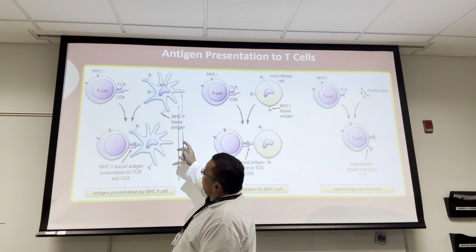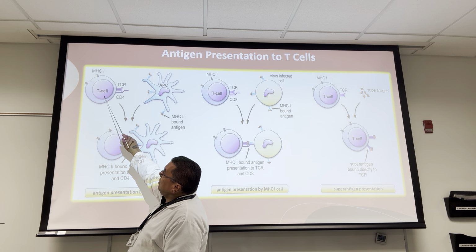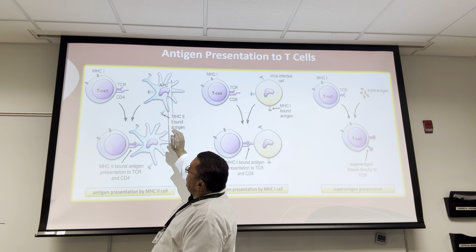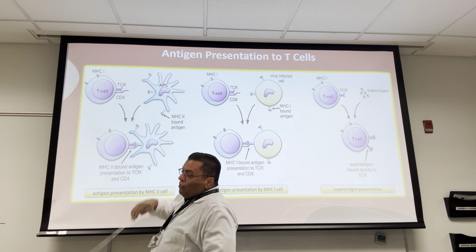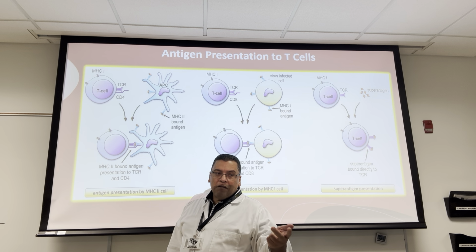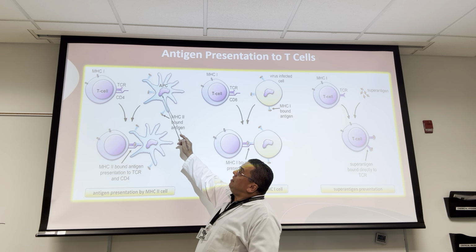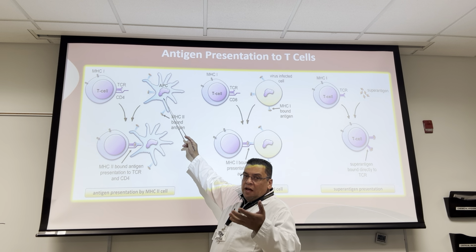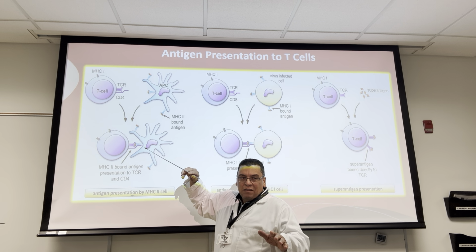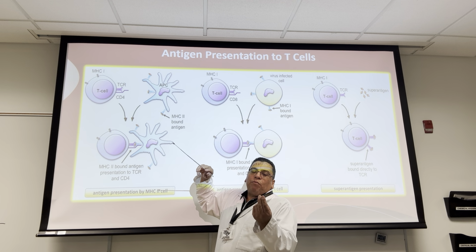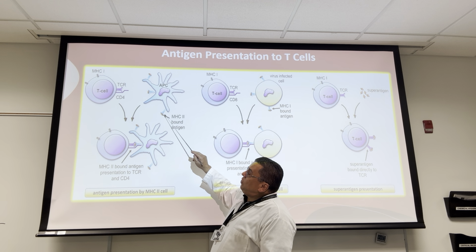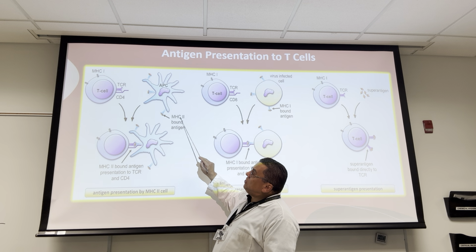All right, so what happens with the helper T cell? Now again, this is a helper T cell because I see this CD4. What's gonna happen is this: the antigen presenting cell, which is the macrophage, dendritic cell, and possibly a B cell, will process the antigen. So it'll phagocytose the antigen, the pathogen. Obviously, it's going to kill it with the lysosome, but then it will process a piece of it and send that antigen to the surface on the MHC2.